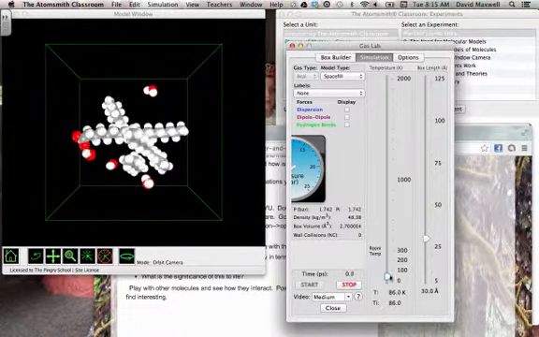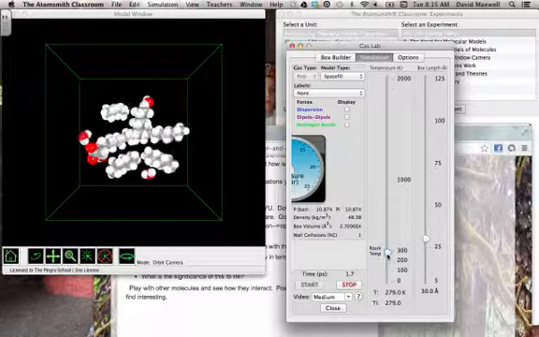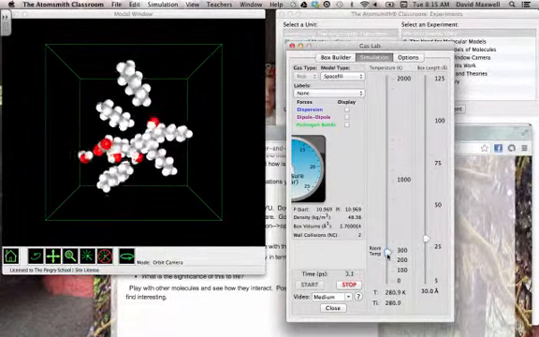We can see what happens when we do this. We'll heat it up a little bit to get the molecules moving a little bit. And you should be able to actually predict what's going to happen.